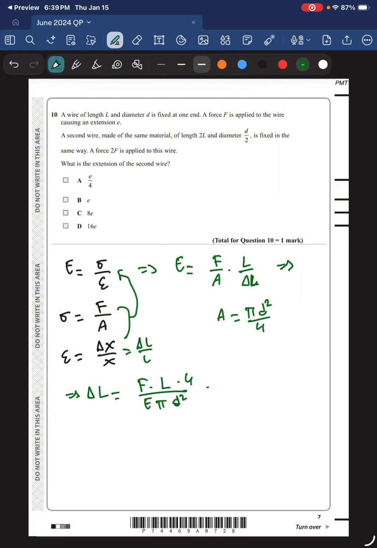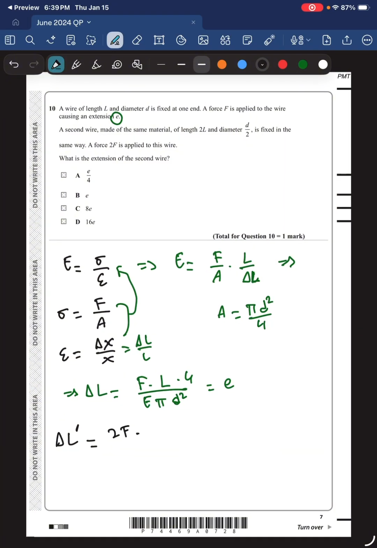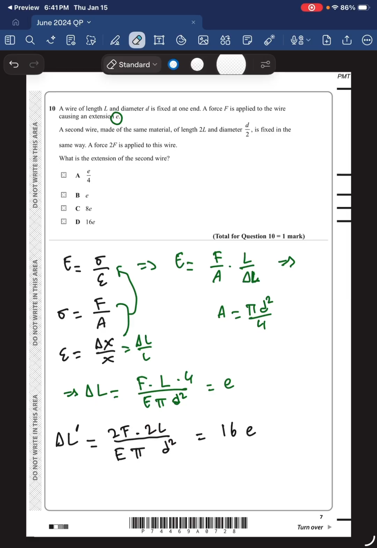Now the new delta L, and this is equal to E, I mean, this E over there. But now, I don't know why I'm using green. I'm going to switch back to black. So delta L prime is now 2F, because we applied twice the force, times 2L over the same Young's modulus, because it's the same material, times pi, times d squared over 4.